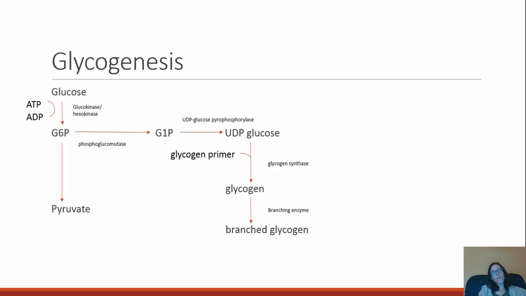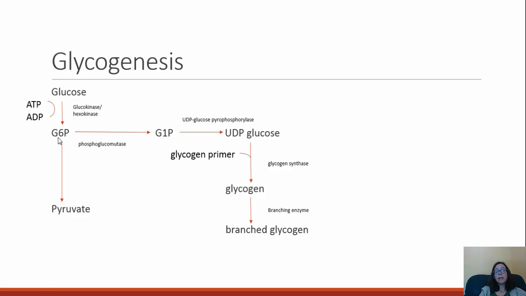So here's just kind of an overview of what we've talked about with glycogenesis. So we have our glucose. Let's say they're in really high concentrations, so we want to add them on as storage and store them. So here we have glucose. Then we have the addition of a phosphate through ATP using either the glucokinase enzyme in the liver or hexokinase in the muscle. If it's in the muscle, then the G6P is just converted to pyruvate and then oxidized for energy.